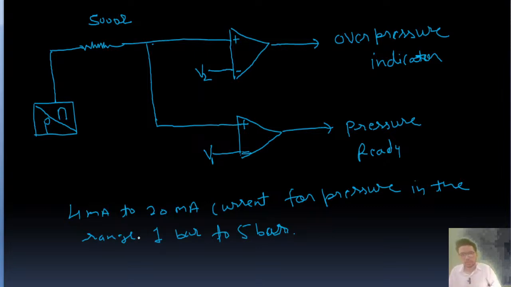Since it is given that 4 milliampere to 20 milliampere current is for the pressure range 1 bar to 5 bar, 1 bar corresponds to 4 milliampere, which means 1.5 bar will correspond to 4 into 1.5 milliampere.